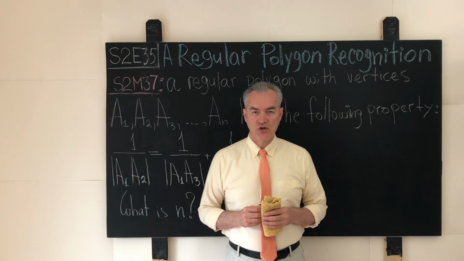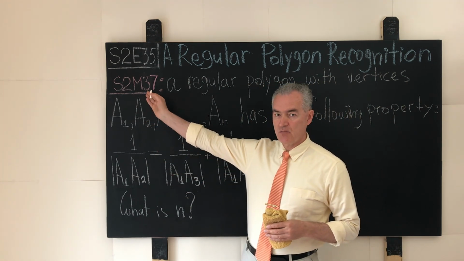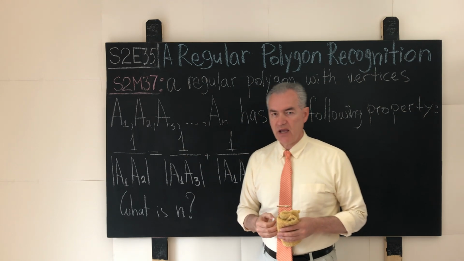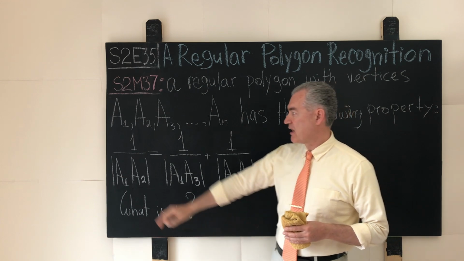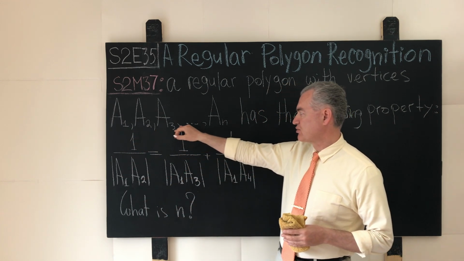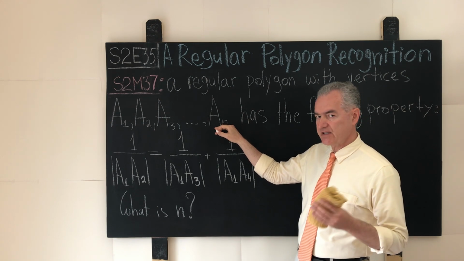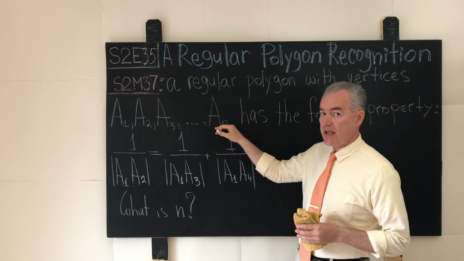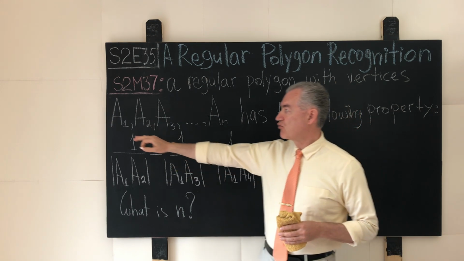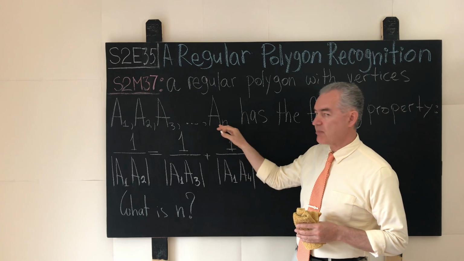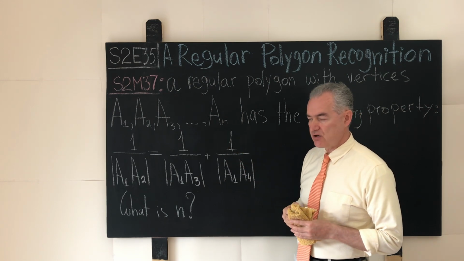In order to make sure that we're all on the same page, in the mathematical problem S2E35, we're given a mystery regular polygon on n vertices named a1, a2, a3, and so on, an, where n is, let's say, a non-negative whole number. And we're told that the distances between the vertices of this mystery regular polygon obey the following given and known ahead of time relation.